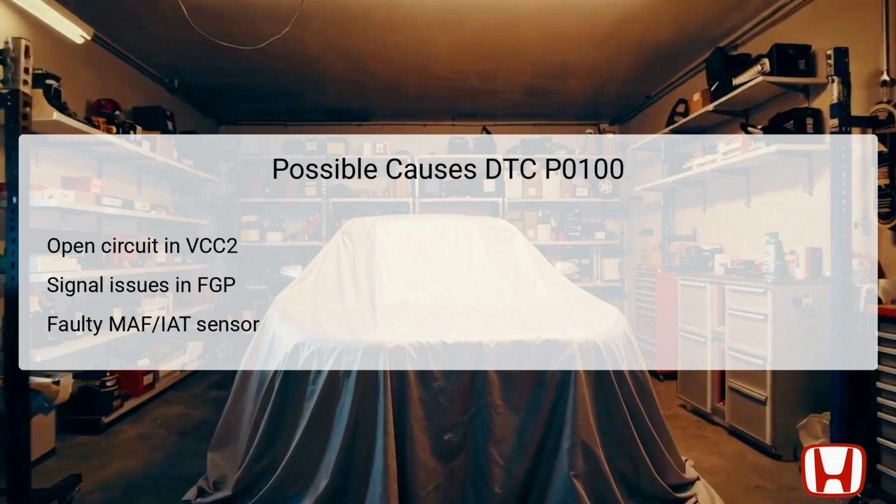Furthermore, the most common cause is a faulty MAF or IAT sensor. When these sensors do not function correctly, they cannot provide accurate airflow data, leading the PCM to register an error. Each of these components plays a significant role in the proper functioning of the vehicle's engine management system.